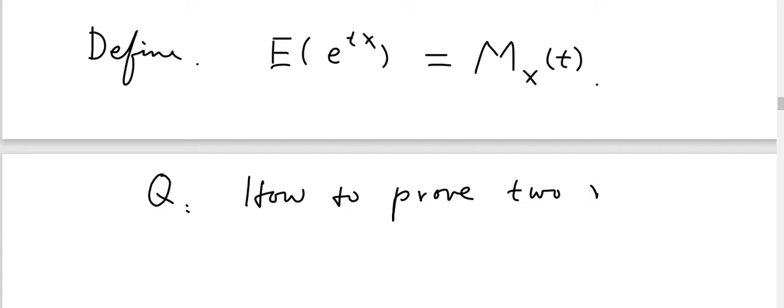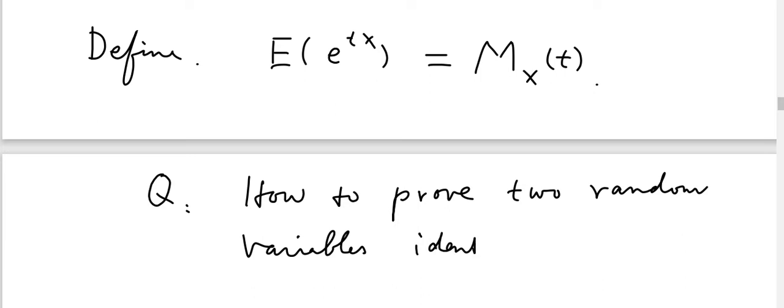Two random variables are equal. Here, with equal meaning, we cannot say equal, we say identical. So we cannot say equal. How to prove two random variables are the same or identical?